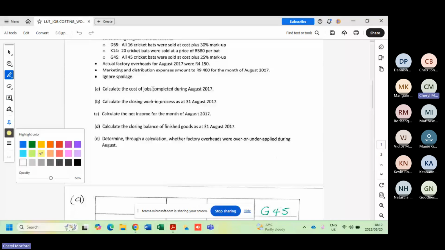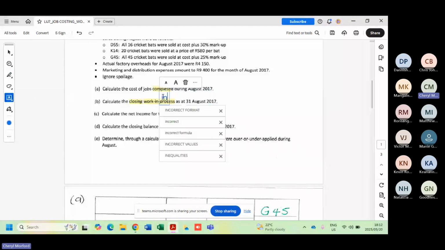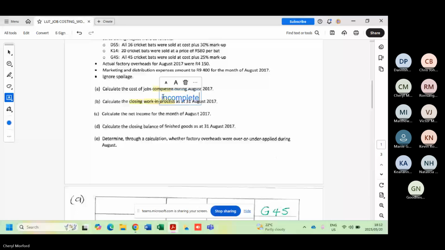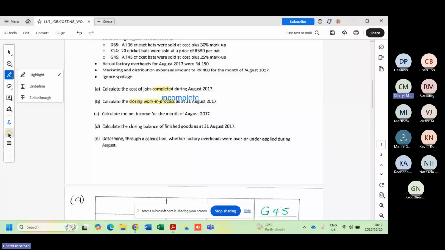Calculate the cost of the jobs completed. Another one would be calculate the closing work in process. So what that means is, I will just type it there for you. This one means incomplete. Then something else that we could work out is this.